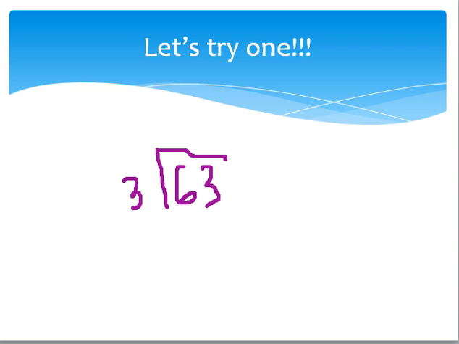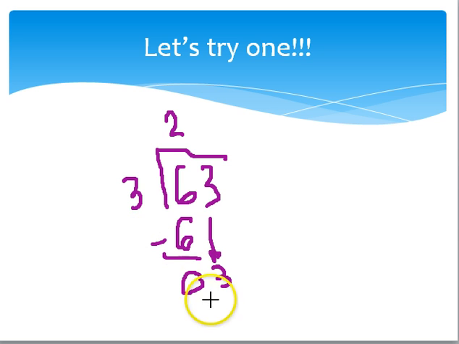First, you think, how many times does 3 go into 6 without going over? The answer is 2. 3 times 2 equals 6. So you put the 6 here and subtract. Then you bring the 3 down and think, how many times does 3 go into 3 without going over?